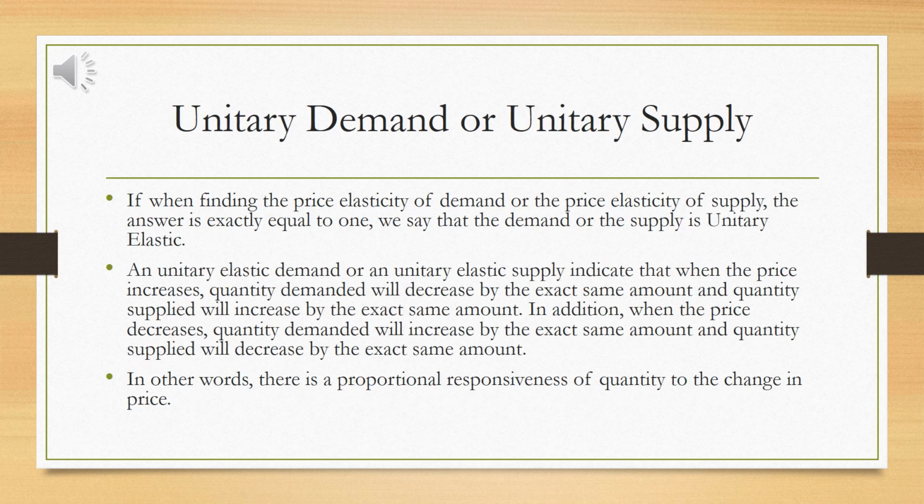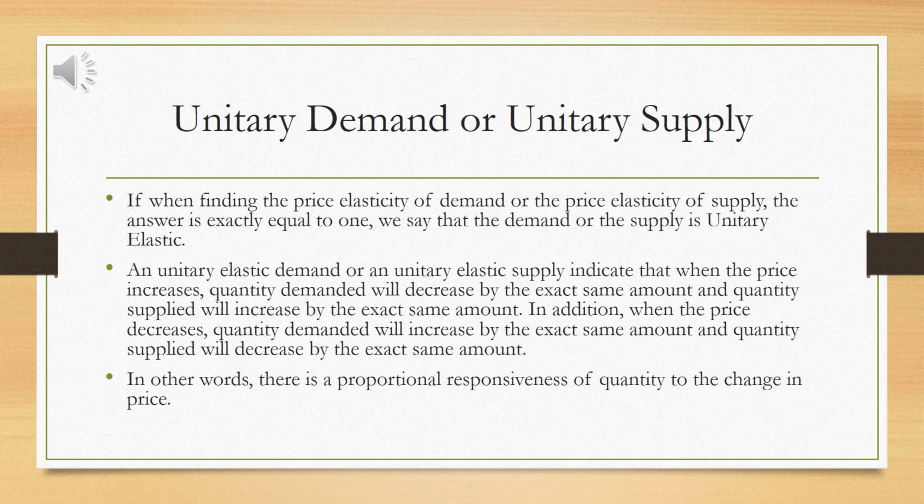If, when finding the price elasticity of demand or the price elasticity of supply, the answer is exactly equal to 1, we say that the demand or the supply is unitary elastic.